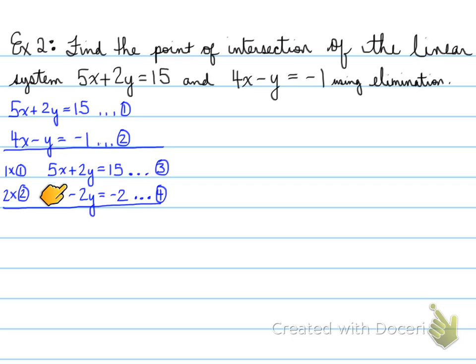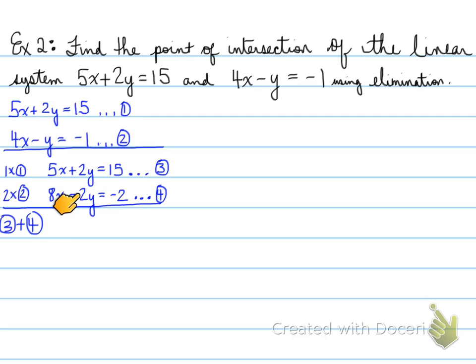Well, looking here, we're going to eliminate by getting 0 here, because these are essentially almost the same. How are we going to get 0 for y? Well, 3 has to add to 4, because if I take positive 2 and I add negative 2, that will give me 0. So the goal is to get 0.